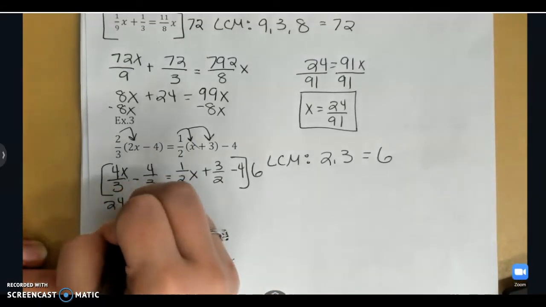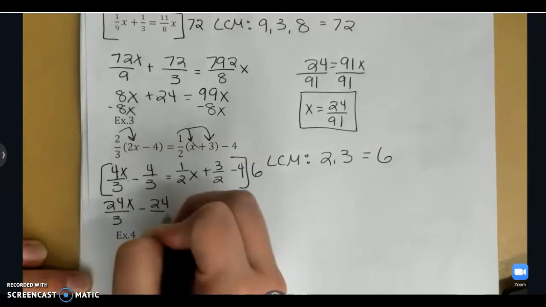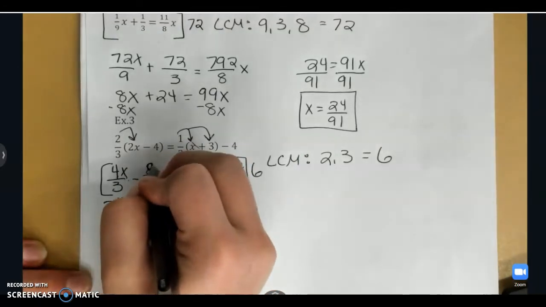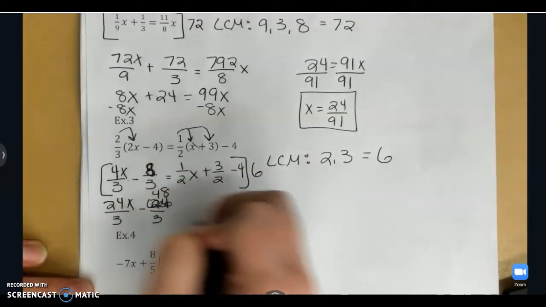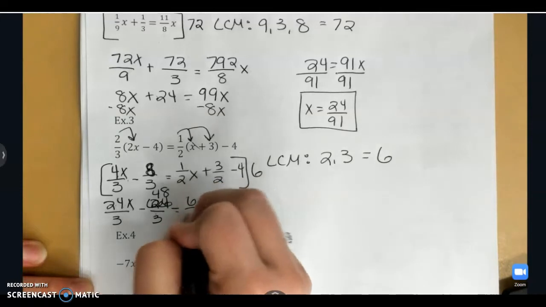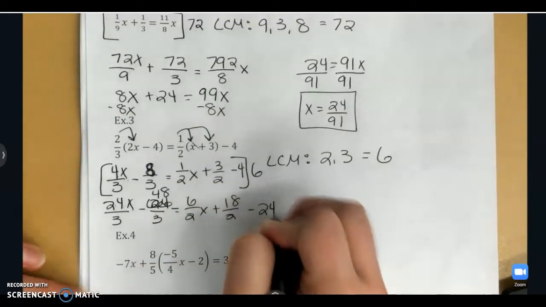So I'm going to get 24x over 3 minus 24 over 3, and I apologize, that should have been 8 over 3, so that is actually going to be 48, is equal to 6 over 2x plus 18 over 2 minus 24.